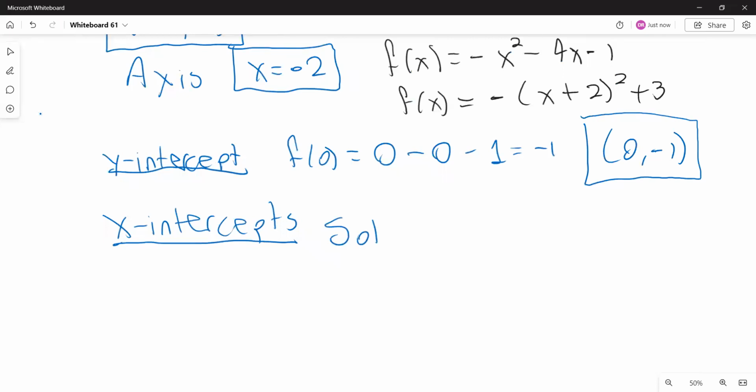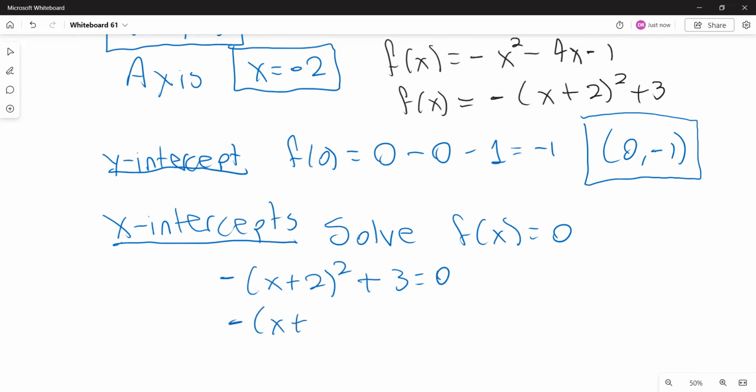For the x-intercept, we're going to solve f of x equals 0. So this is the opposite of (x plus 2) squared plus 3 equals 0. So that's the opposite of (x plus 2) squared equals -3, and (x plus 2) squared is equal to 3.